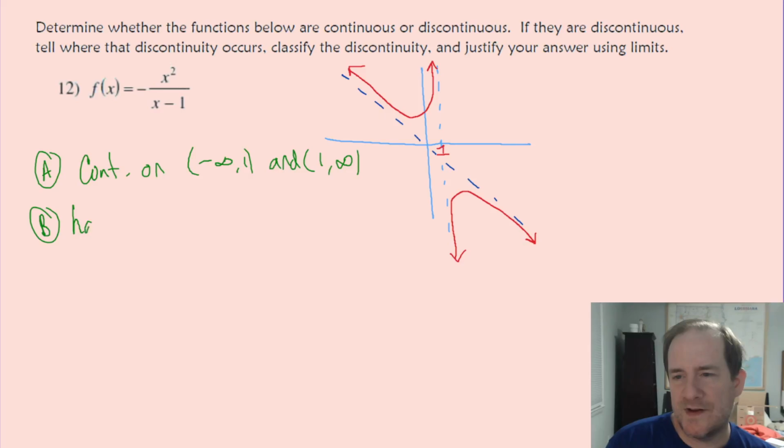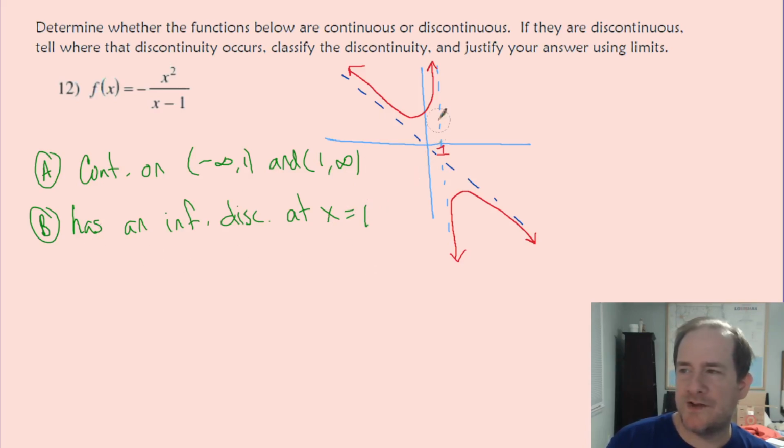And then f of x has an infinite discontinuity at x equals 1. And again, to justify that, just tell me how the two limits exist, and at least one of them is infinity.